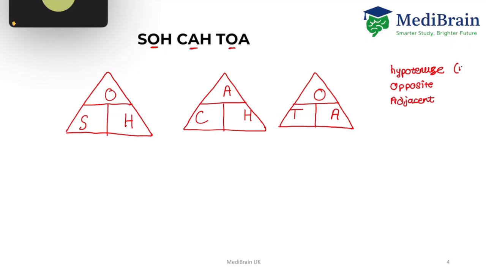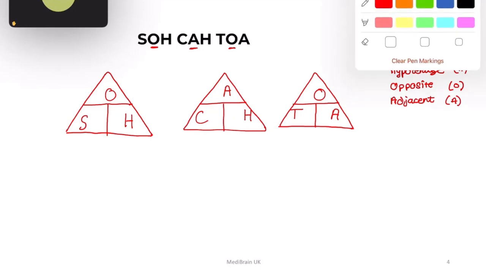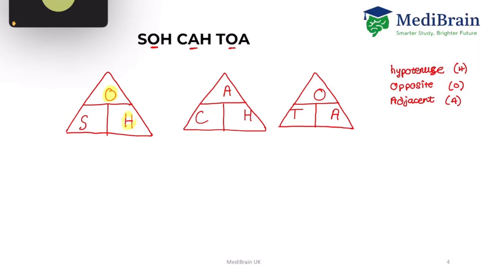Now we label the hypotenuse with an H, the opposite with an O, and the adjacent with an A. In this formula, you also have an O, an H, an A, an H, an O, and an A. Okay, so as you can see, over here, we've got O for opposite, H for hypotenuse, and A for adjacent. In this formula, the O stands for opposite, H stands for hypotenuse, and A stands for adjacent. That's why we have it.